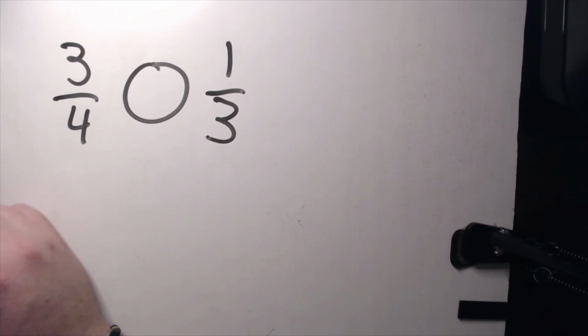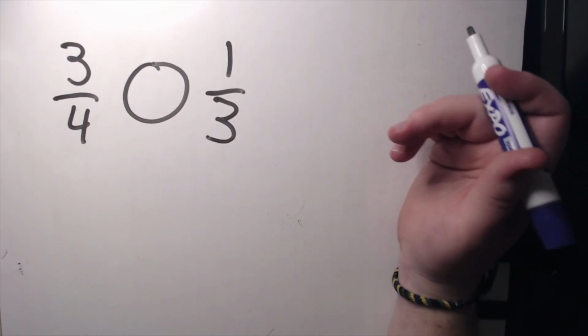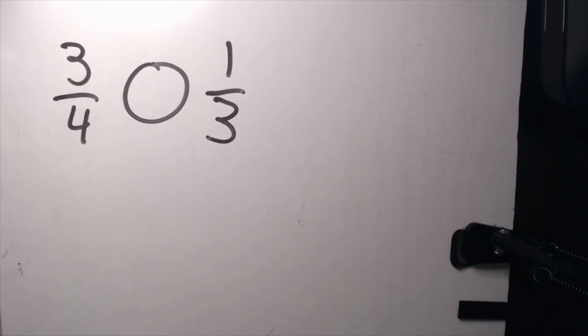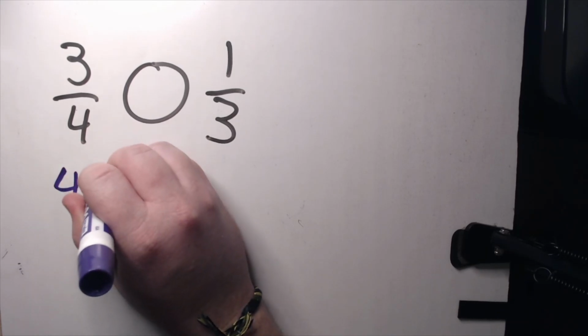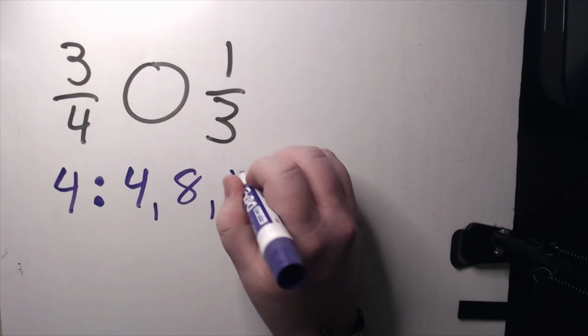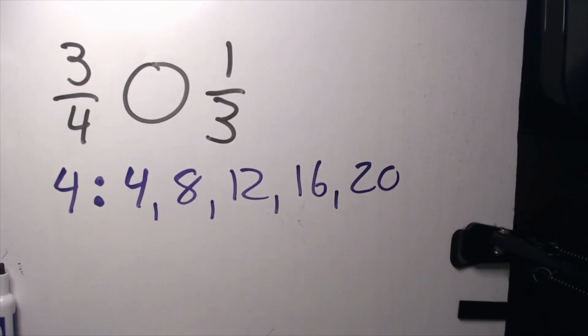So starting us off, let's go ahead and list the multiples of both these numbers so we know what we're going to be working with. So we know what we want as our common denominator. So I'm going to start with the multiples of 4. Multiples of 4, we have 4, 8, 12, 16, 20. That's 5 multiples. That's more than enough, more than what we'll need.